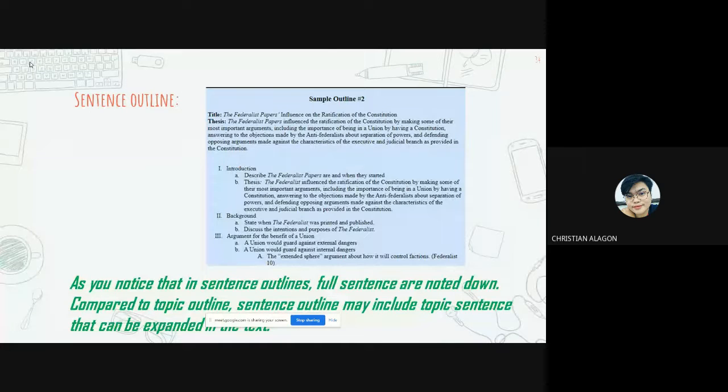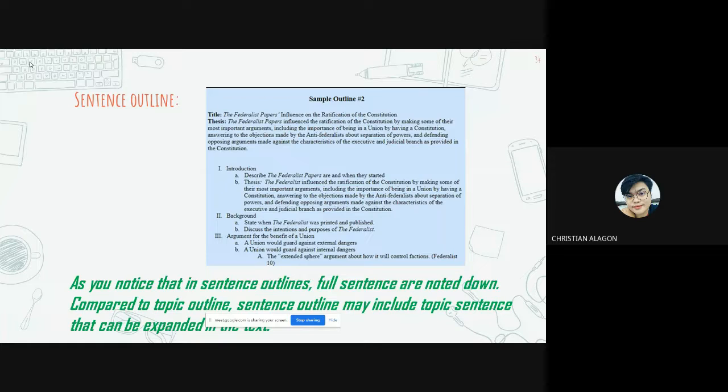So as you can notice, in sentence outline, it is full of sentences compared with topic outline. Topic outline is word phrases. And now a full sentence is noted down. Sentence outline may include topic sentences that can be expanded in the text.